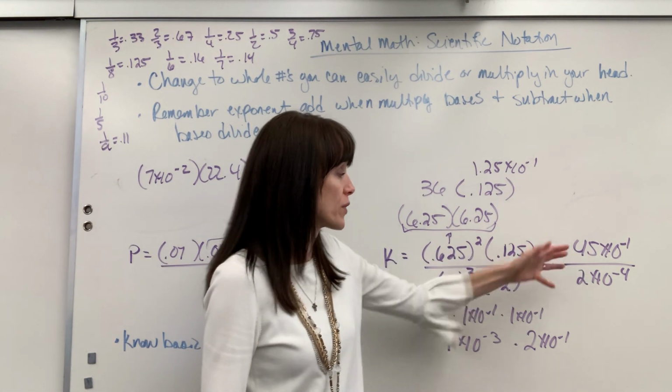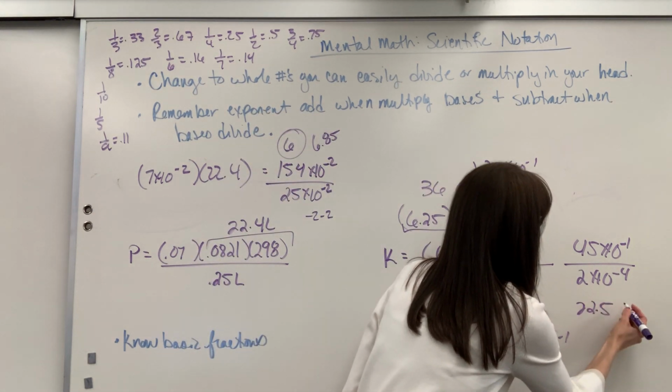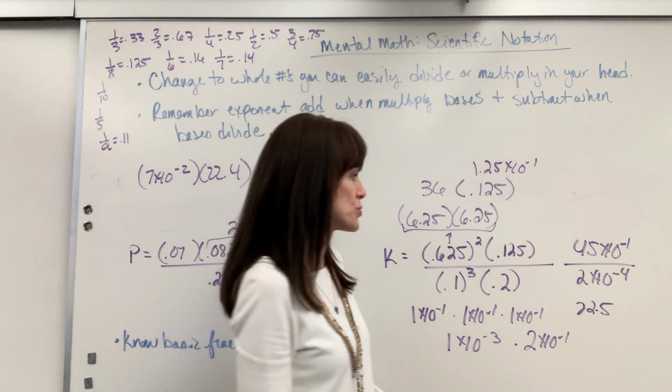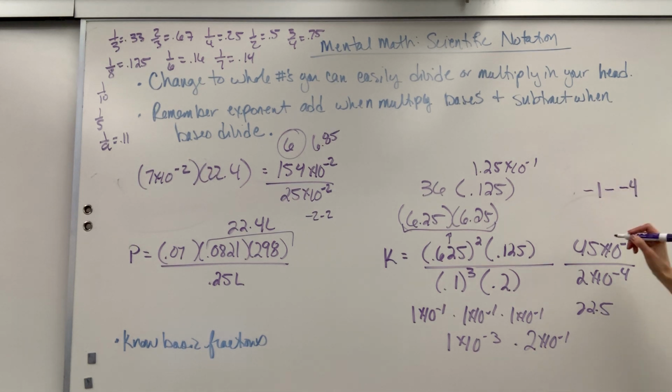So 45 divided by 2 is going to give us what? 22.5. And now I'm going to subtract. So this is going to be a minus 1 minus a minus 4. So that's going to be times 10 to the what? Positive 3. 10 to the positive 3.